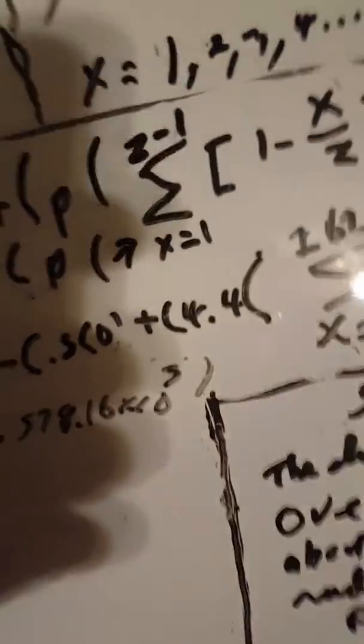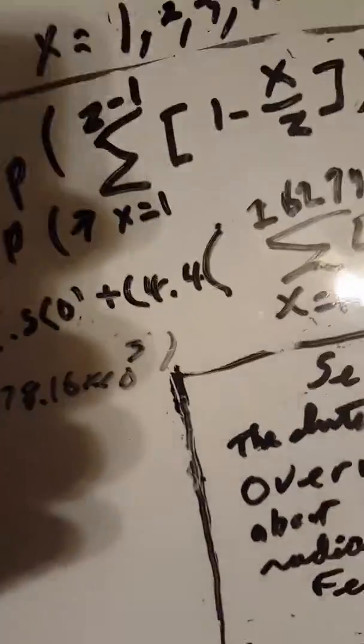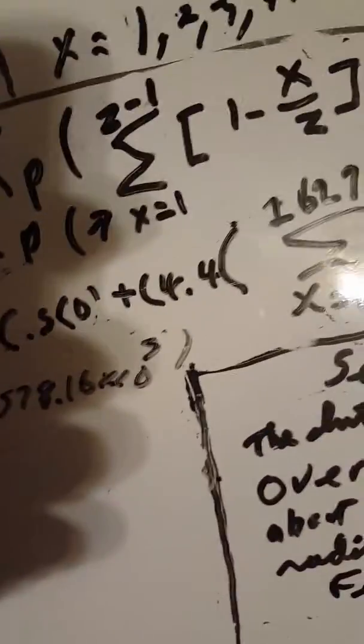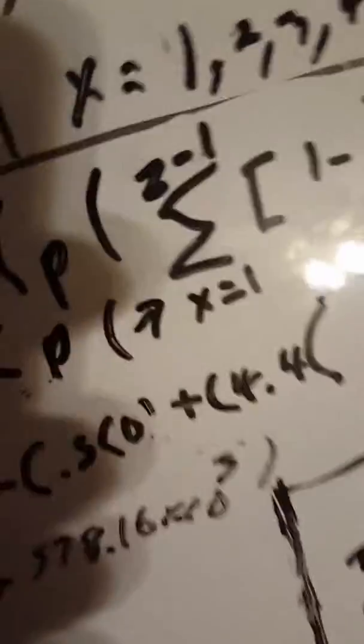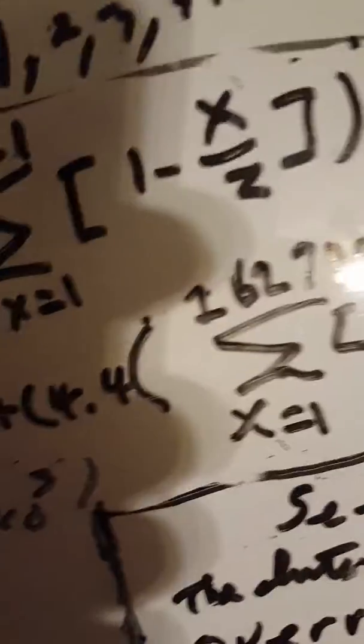So that would replace z, and it would be that number minus 1. Then of course you'd put z over here as well, but it wouldn't be z minus 1. Then the x goes all the way to z, to the z minus 1 equation, and that replaces x. That's basically how that works.